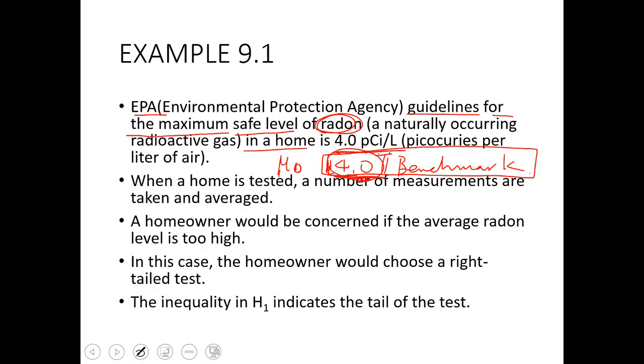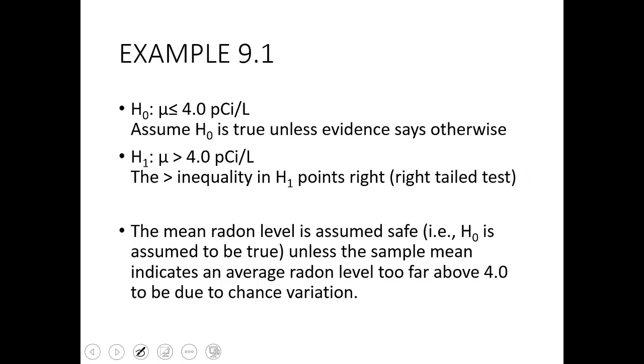And a homeowner would be concerned if the average radon level is too high. So in this case, the homeowner would choose a right-tailed test. So our null hypothesis is that the mean radon level is less than or equal to 4.0 pCi per liter.